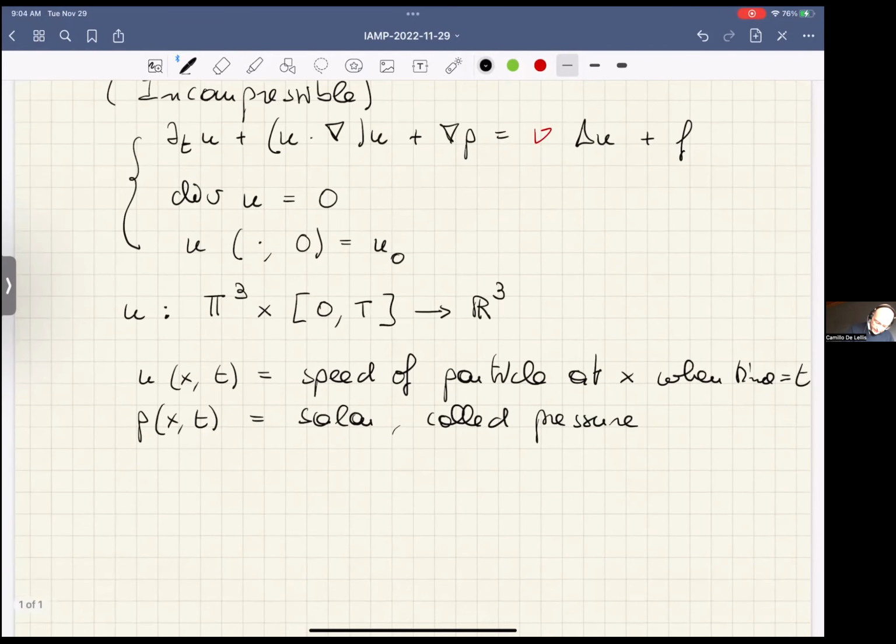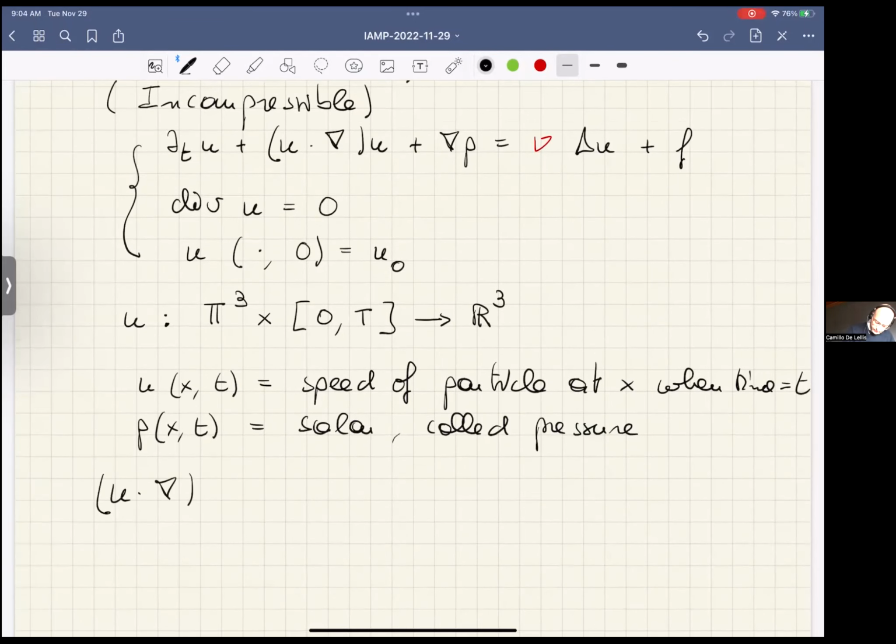This is the advective derivative of your velocity. If you write it in components, say the j-th component, this is just u_i d_i u_j.